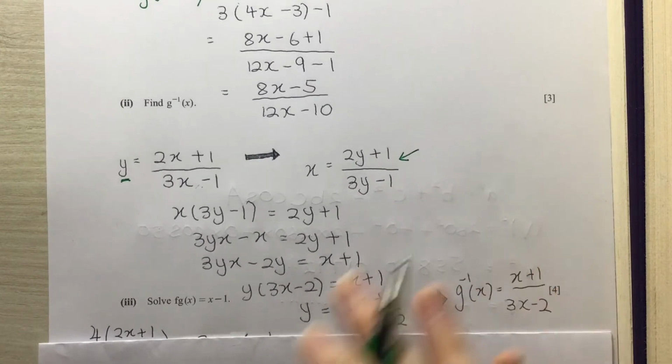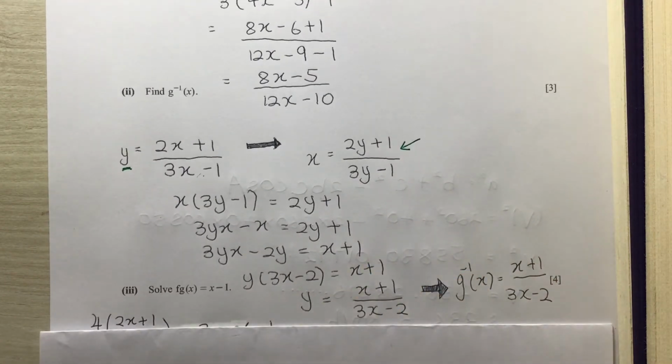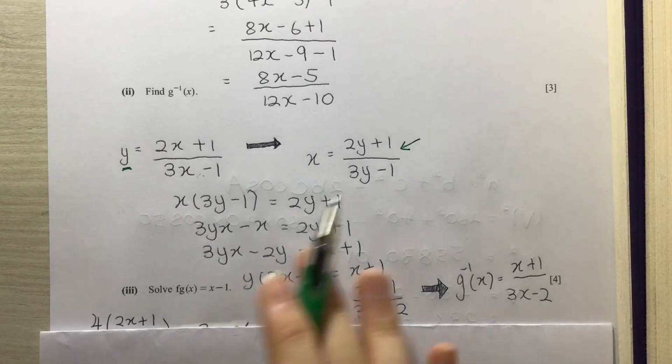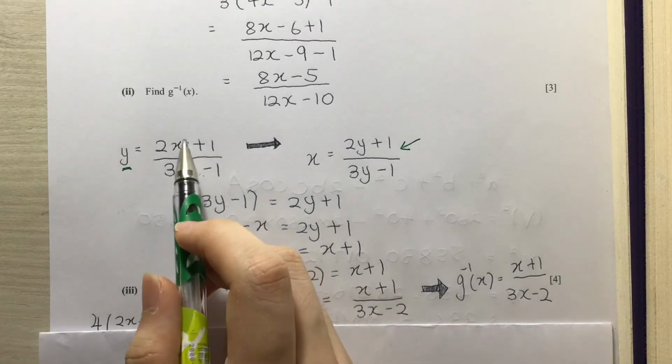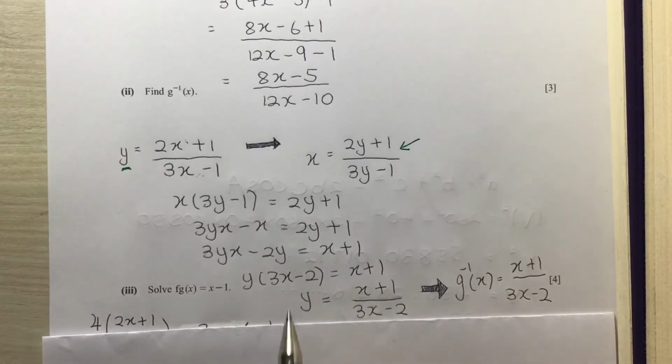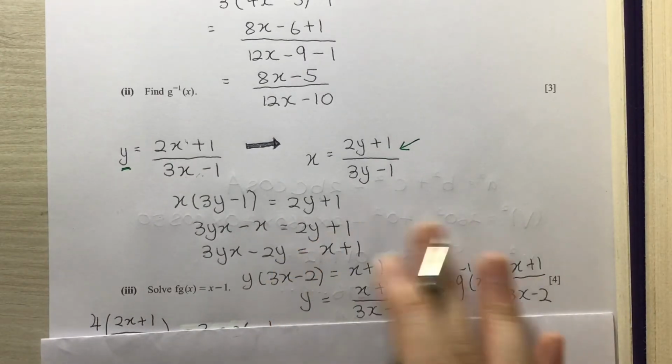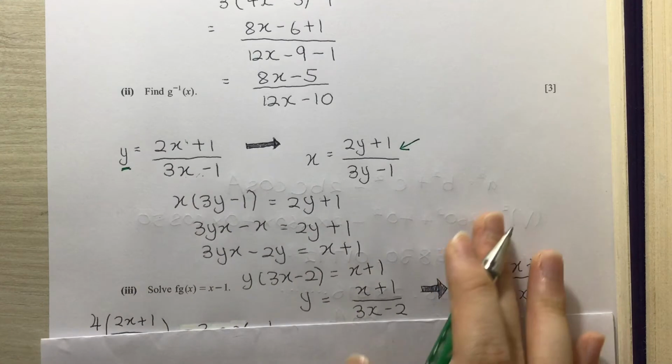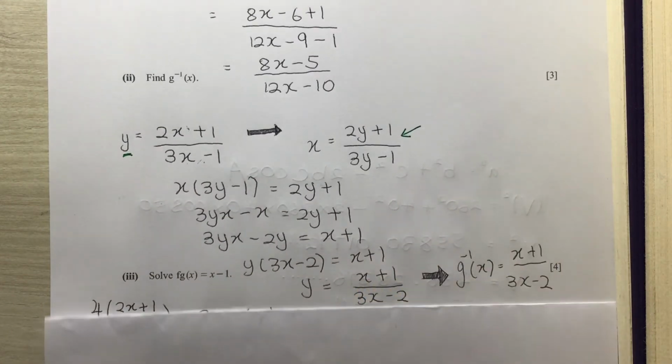So you may refer to this working after you have tried yourself. Literally all you have to do is just to change all the x into y, and after that rewrite it in terms of y in order to find your inverse of g(x) and to get all your 3 marks.